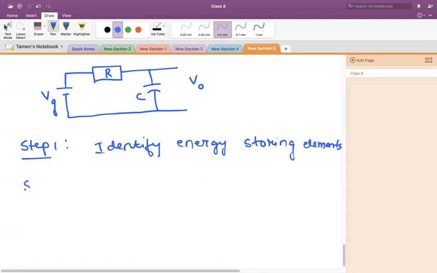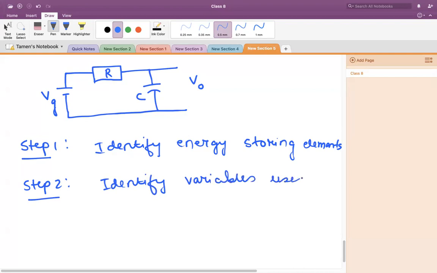What is step 2? Step 2 will be to identify the variables that will be used for modeling the circuit.